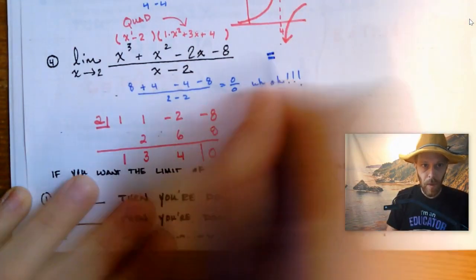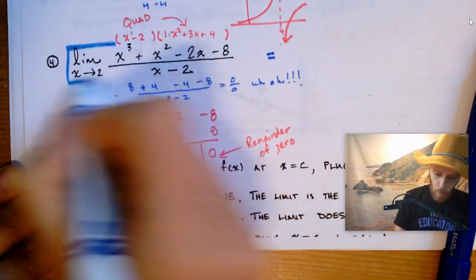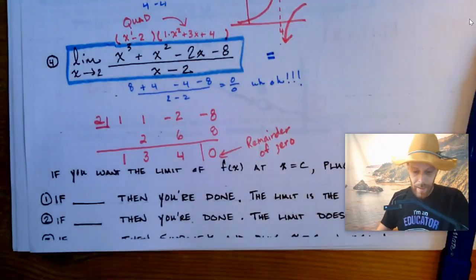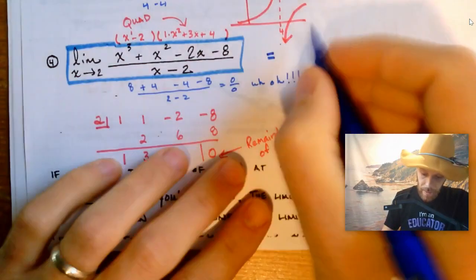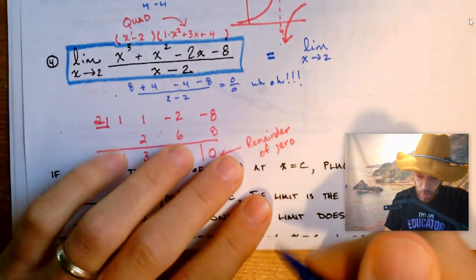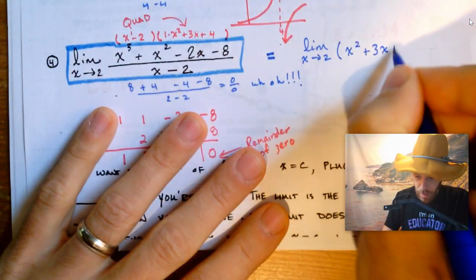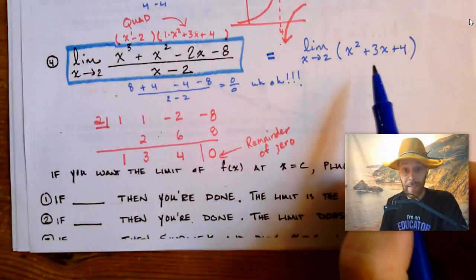All of this bananas here can be rewritten this way. The limit as x approaches 2 of x squared plus 3x plus 4. Now, where did I get that from?